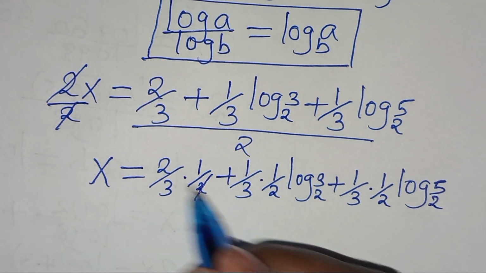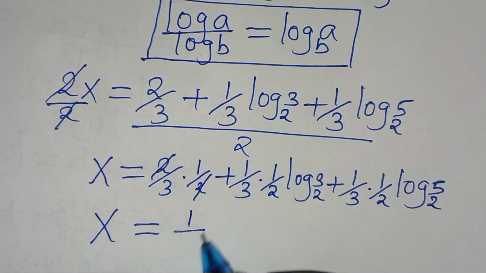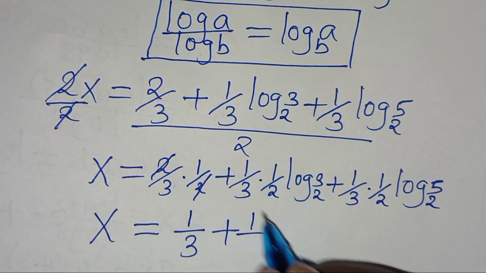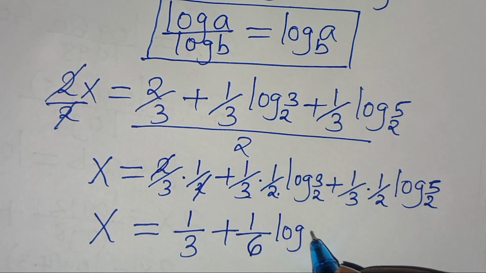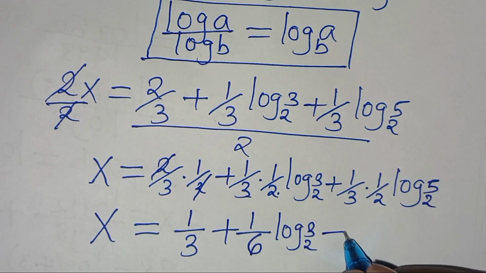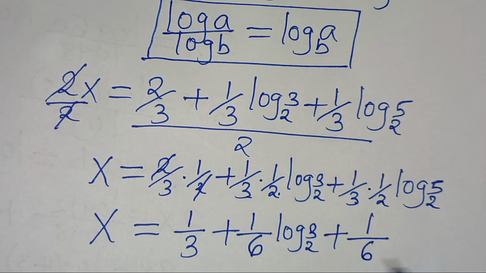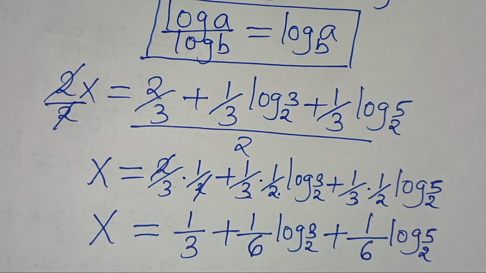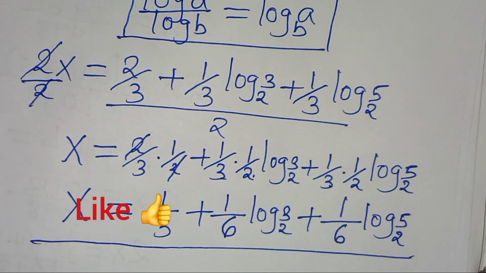So let's simplify here, so that x is equal to 1 over 3 log 3 to base 2, plus 1 over 3 times 2, which is equal to 6, log 5 to base 2. So this is the value of x.